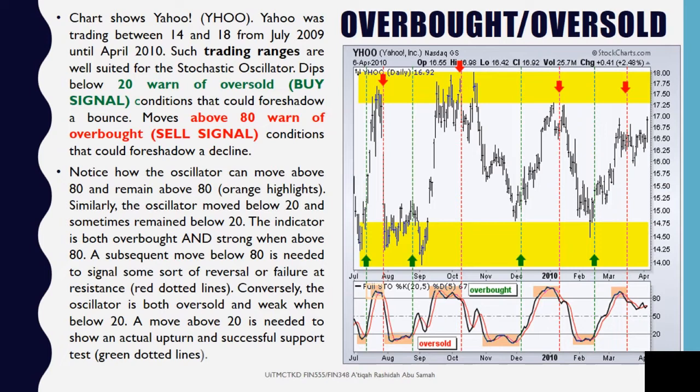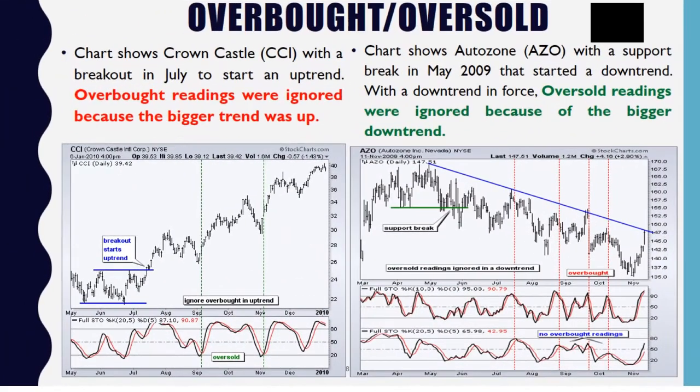Please read carefully and try to relate it with the graph. You may also refer to this graph. We can see here the buy signal as well as the sell signal occurring, and this is also the trend line, the pattern, the support and resistance.